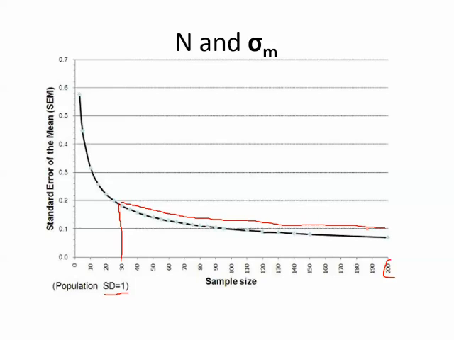Now the book also shows you this based on a different standard deviation. They used a standard deviation of 10, but showing the exact same principle: as you go out, you're not going to get the same decrease in the standard error. And that should be pretty obvious. When we have a sample size of 1, these estimates are pretty wild. They're pretty far out there.